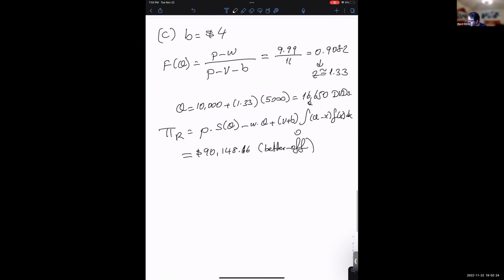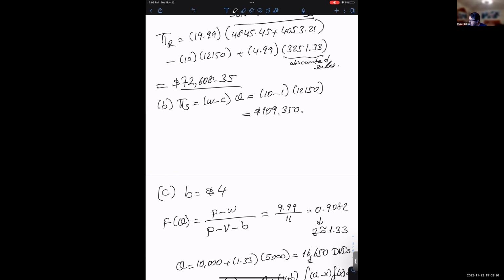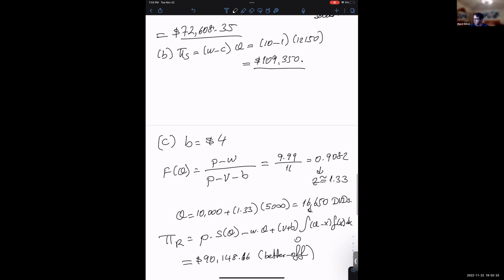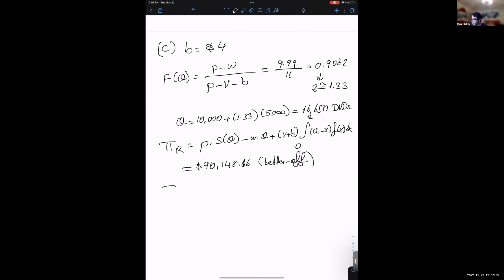How about the supplier? Remember, the supplier's reservation profit, or the baseline, is 109,350. All right. So in that case, though, its function changes a little bit, right? W minus CQ, but then minus B, because there's a transfer B, right? Times the integral from 0 to Q of (Q minus X) f of X dx.